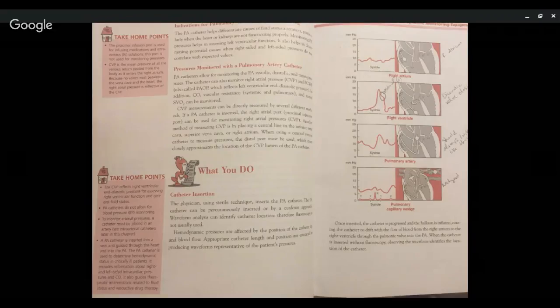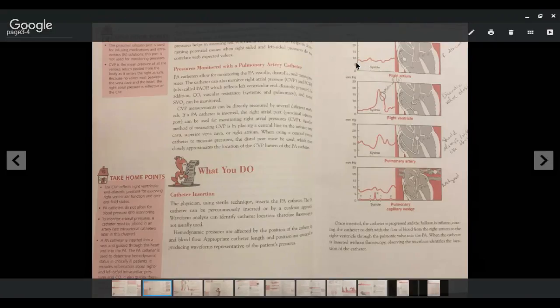So if you see a waveform with a peak pressure of 10, and it's like that, then you know that the catheter is in the right atrium. If you see a waveform that has a peak with a dicrotic notch, that's the right ventricle.